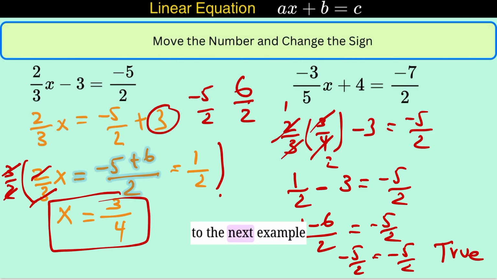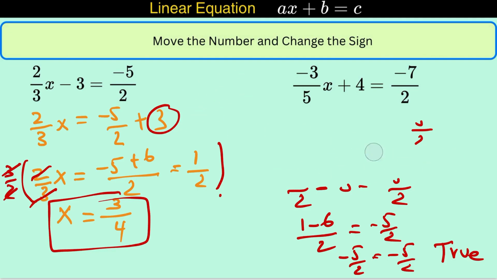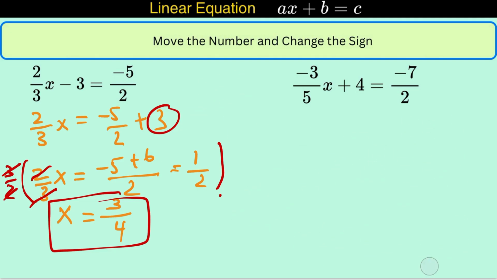Now we're going to go to the next example, which is this one here. Let me just make some space. Same thing again. I have negative 3 over 5x is equal to negative 7 over 2 minus 4.